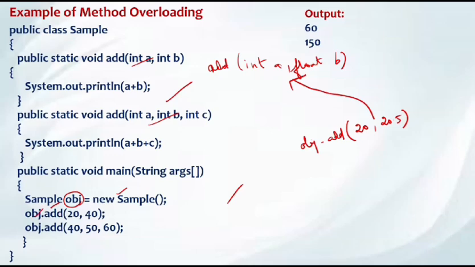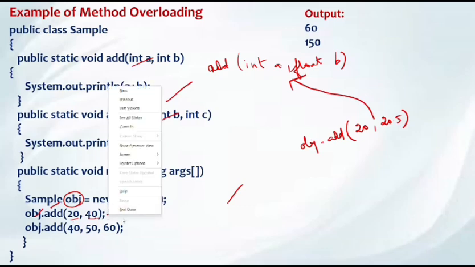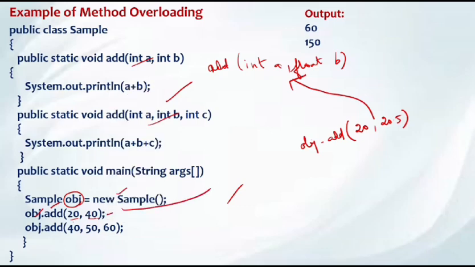Here I'm using 2 parameters, 20 and 40. These are integers, so it checks for the matching data type and parameter list. Once we call this function, it matches the integer type 2 parameters list, so it will execute the statement System.out.println a plus b.